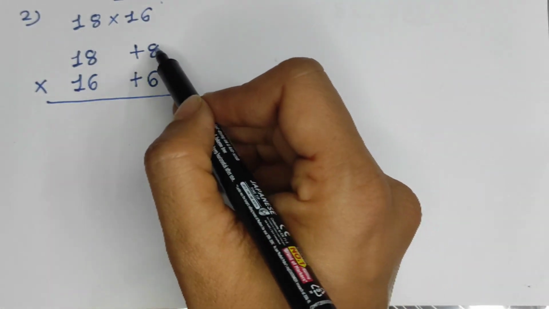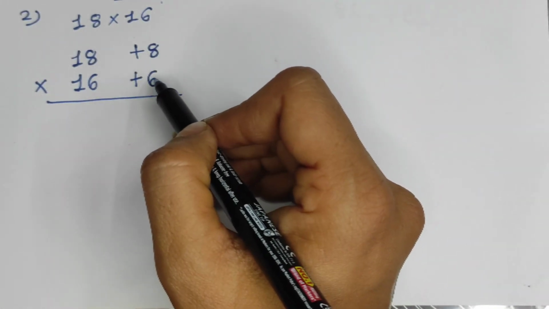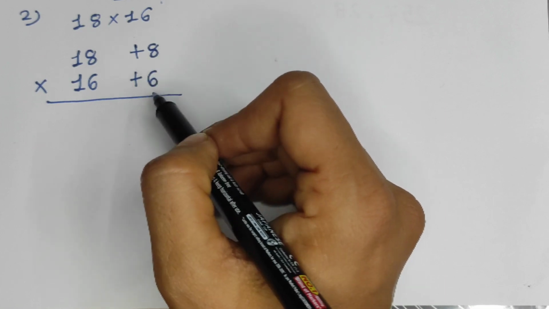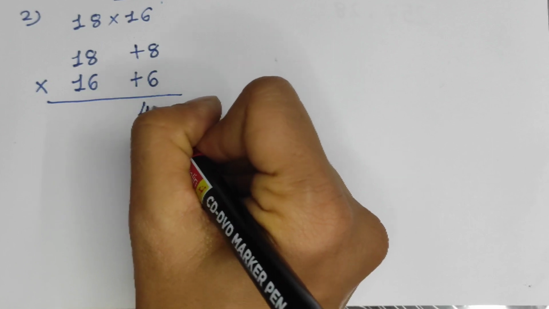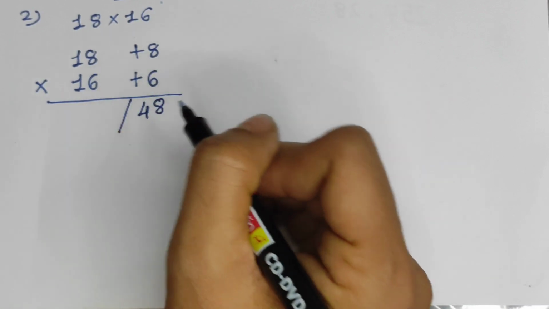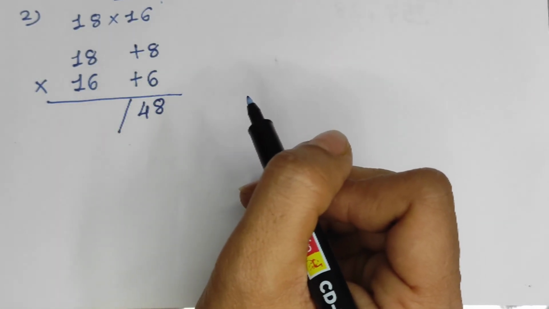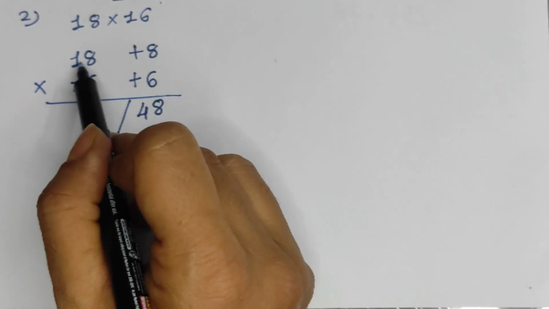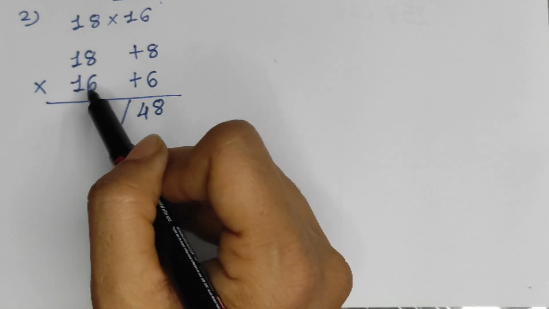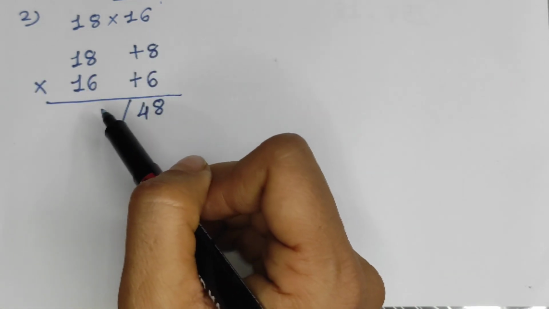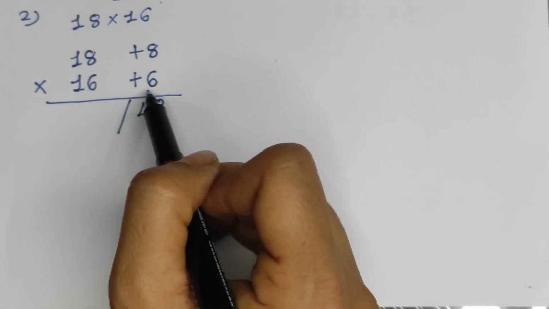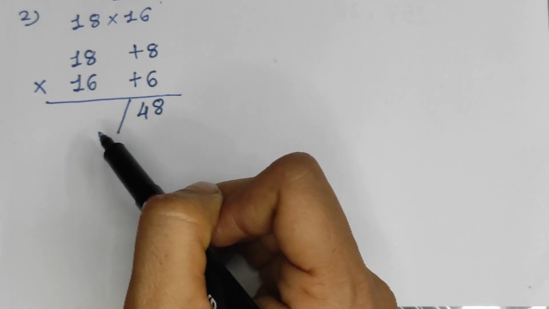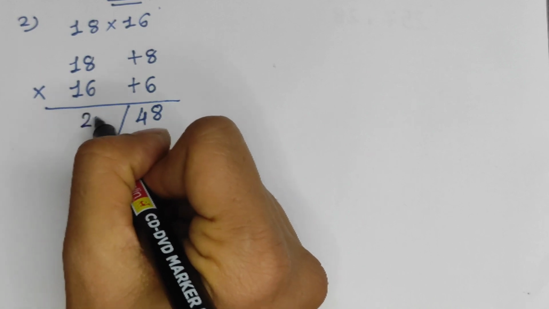First step, we multiply the deviations, 8 and 6: 8 times 6 is 48, and here only 8 will be on the right side. 18 plus 6 or 16 plus 8 gives the same answer. 18 plus 6 is equal to 24 and 16 plus 8 is also 24, therefore we write down 24.